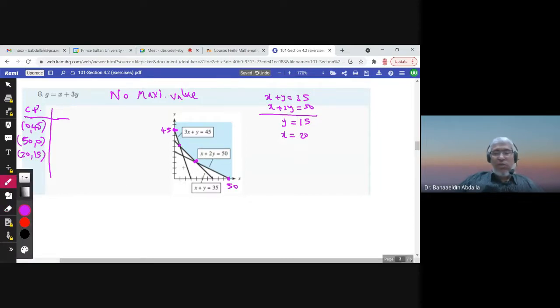So the point (20, 15) is a corner point, which is this point. Well, what about this point? This point is the intersection point between this line, which is 3x plus y equals 45, and the other line, x plus y equals 35.